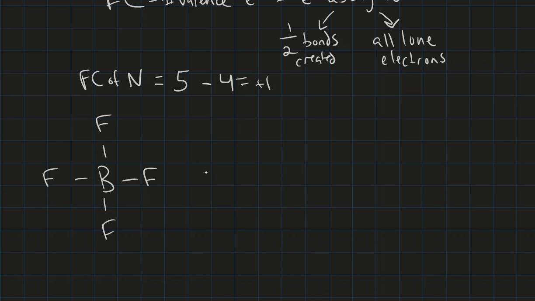So we could write that as BF4 negative. So let's remember our common bonding patterns here. We know fluorine is a halogen, so it's going to want to have 6 electrons outside of it and 3 lone pairs and 1 bond. And we can definitely do that, right? So all of these fluorines are neutral.